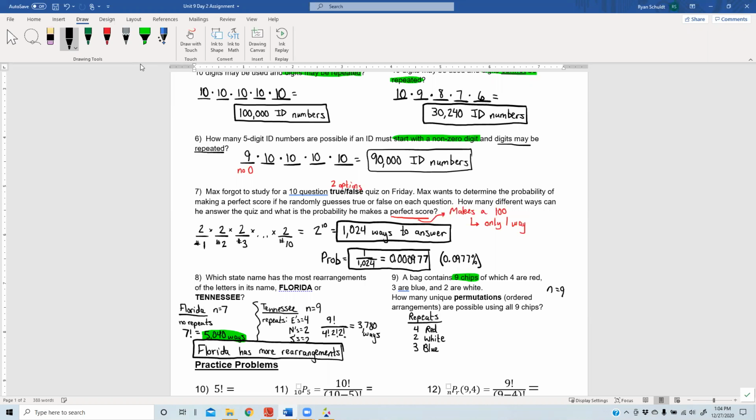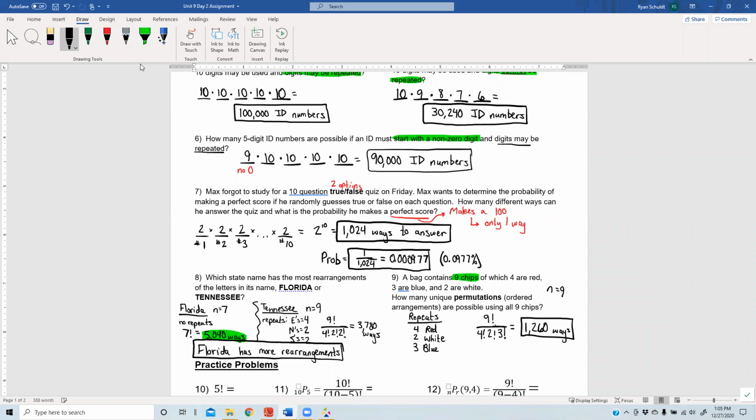So if we want unique permutations, it's going to be 9 factorial over 4 factorial times 2 factorial times 3 factorial. We have to take into account the repeats. We type all this in the calculator, and that gives us 1,260 unique ways.